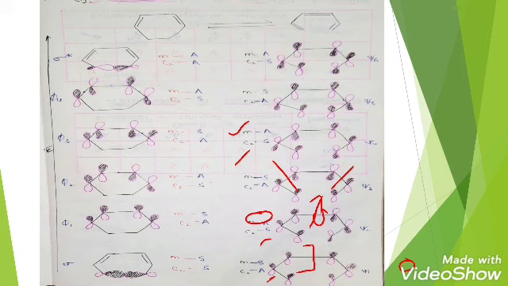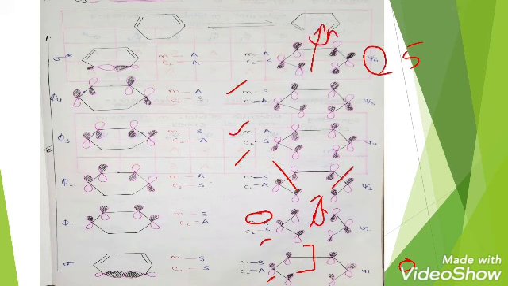And the psi 5 orbital with 4 nodes is symmetric with respect to the mirror plane and antisymmetric with respect to the C2 axis. And the psi 6 orbital, which has 5 nodes, is antisymmetric with respect to the mirror plane but symmetric with respect to the C2 axis.